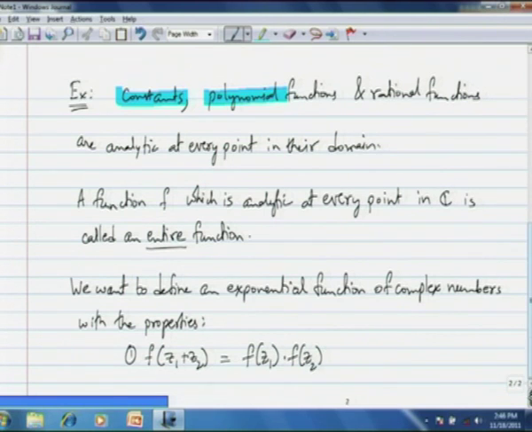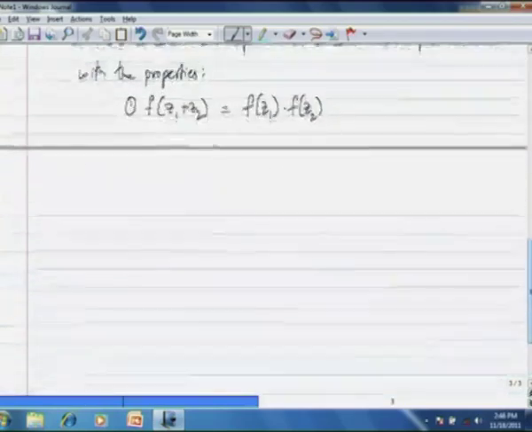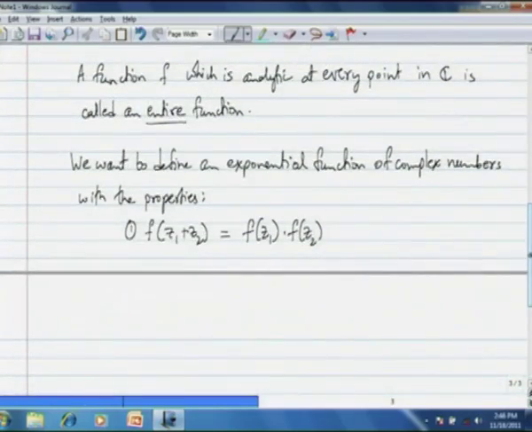Recall that the exponential function of real numbers has this property: the exponential of r1 plus r2 is the exponential of r1 times the exponential of r2.